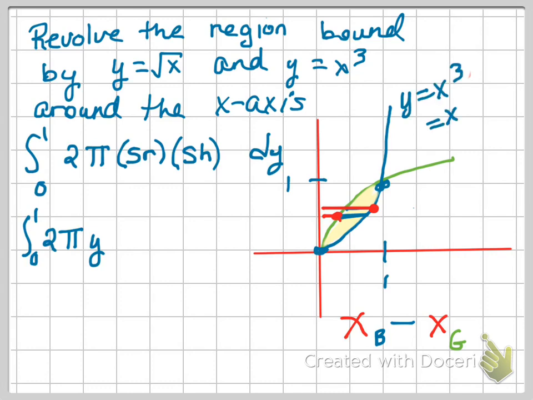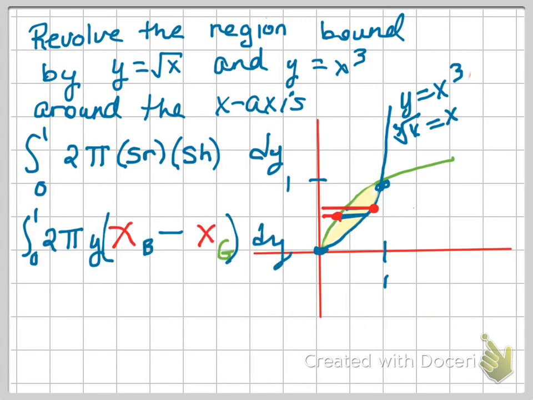So now if I solve for x, I'm going to cube root both sides. Cube root of x. So essentially here's what I have. 2 times pi times my shell radius, which we said was just a y, and then my shell height or width, however you want to think about it, which would be the x on the blue curve minus the x on the green curve.